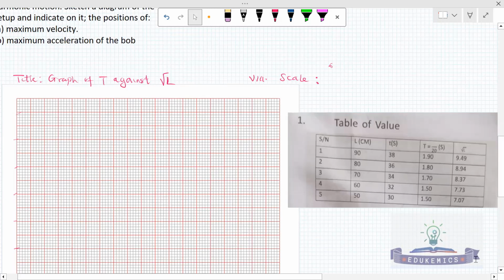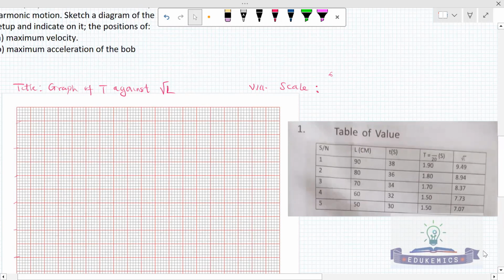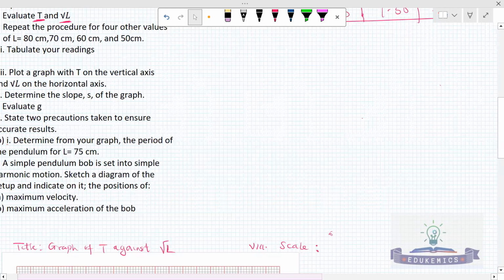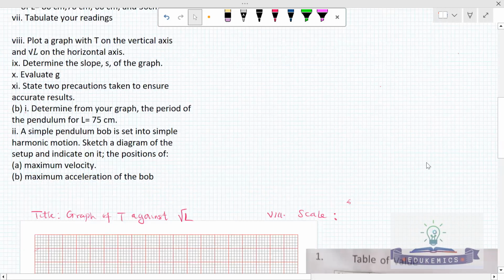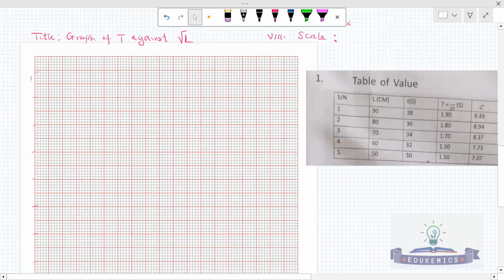So on the y-axis, what are we plotting? According to the instruction, we're plotting a graph of T on the vertical axis, the y-axis. So let's see the maximum value there. The maximum value is 1.90. Out of these 12 boxes, let's say we want to use 10 of them.